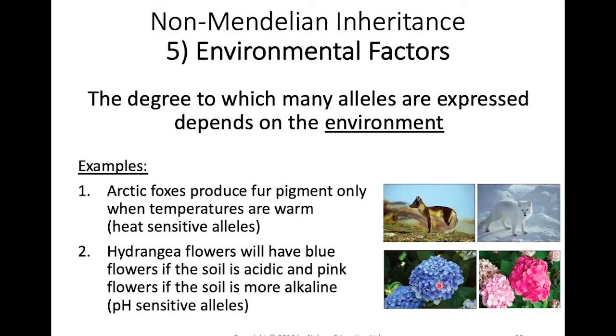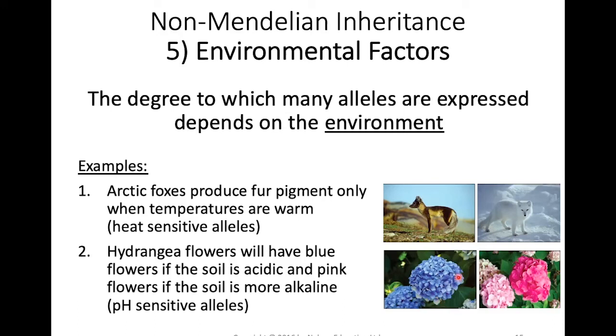Now, hydrangeas show differences in soil acidity. If the soil is more acidic, the hydrangeas will tend to produce flowers that are more blue in color. And if the soil is more alkaline, they'll tend to produce flowers that are pink in color.